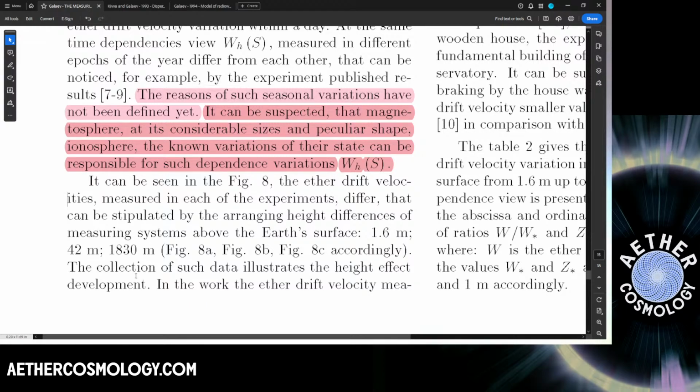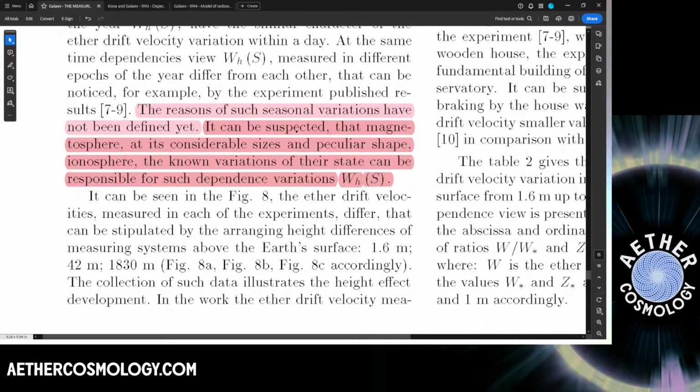Is that what they're saying? I think you're right. It's pretty interesting. It's that pear-shaped magnetic field, man, interfering with that ionosphere.